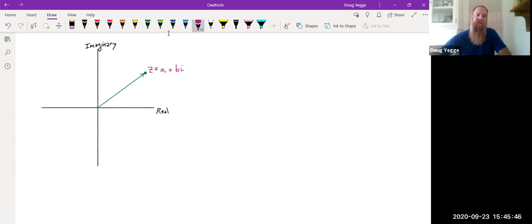Now, z has a particular distance away from the origin as well. So when we refer to the absolute value of z, which again you could think of as the absolute value of a plus bi, what we mean by that is the distance from the origin.